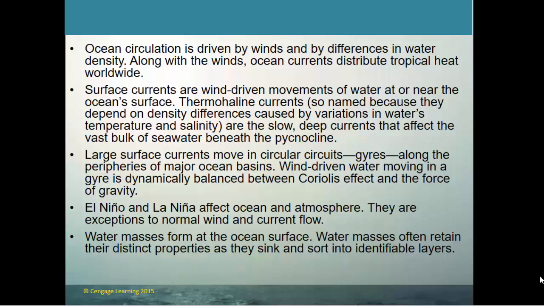We'll talk about what a gyre is and how the Coriolis effect creates those gyres, large surface currents that move in circular patterns on the ocean surface. We're going to get into El Nino and the Southern Oscillation and why they are exceptions to the normal wind and current flow. We'll talk about water masses that form at the ocean surface and how they retain their distinct properties as they sink and sort into identifiable layers.